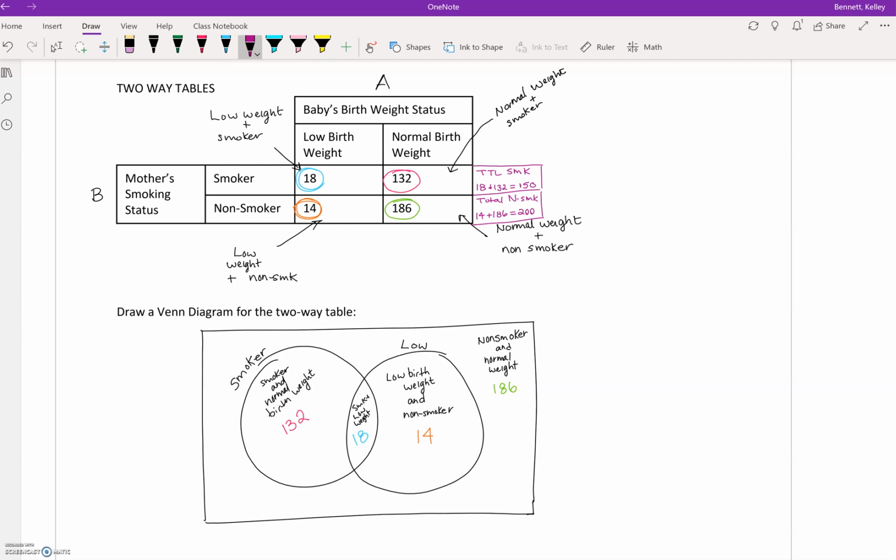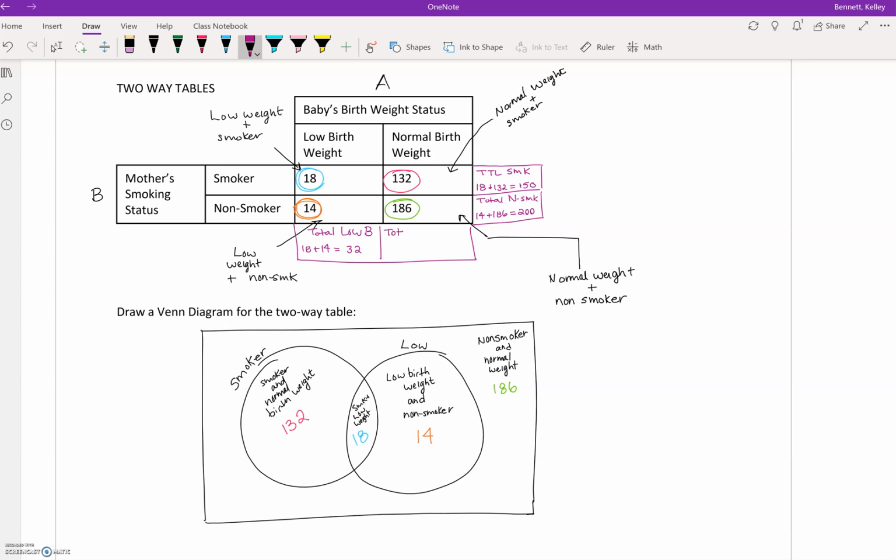Another thing to notice here will require me to move this away. I'll show you in 1 second what I'm going to do. So then I could also look here at low birth weight. So total low birth weight is 18 plus 14, which equals 32.